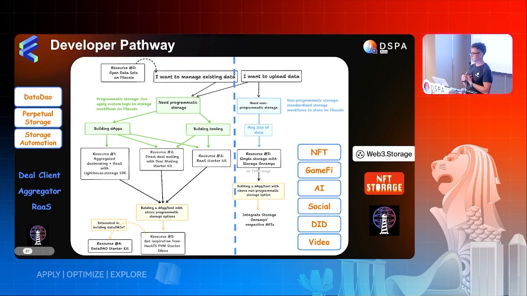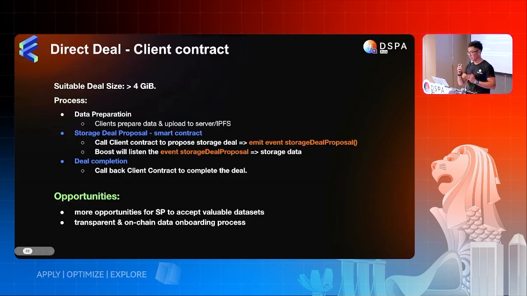Whether you have a large data set you can just directly store with the client contract, or you have small data that will be difficult for a storage provider to pick up, and you go through the aggregation process. So we need to make sure that you clearly understand the two paths of going to the client contract or going through the aggregation.